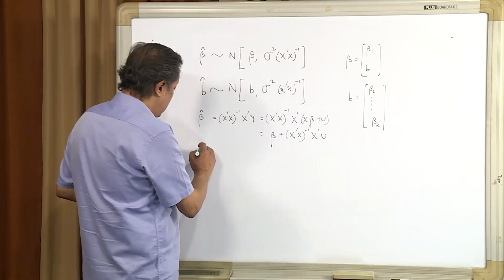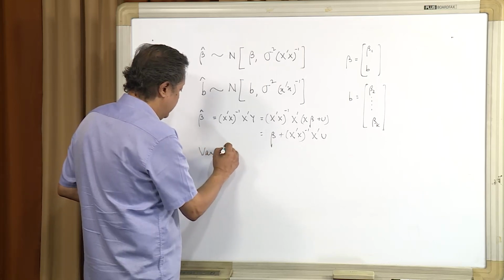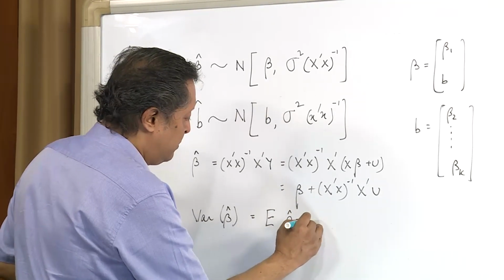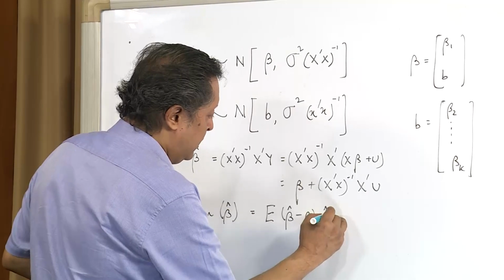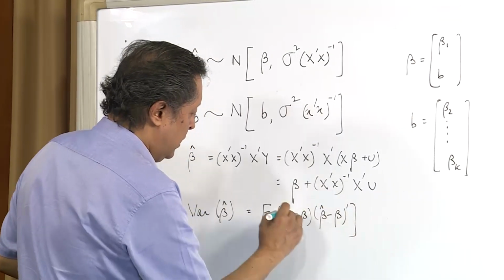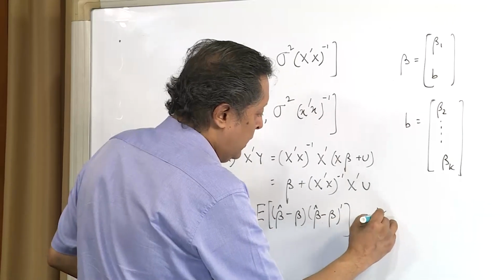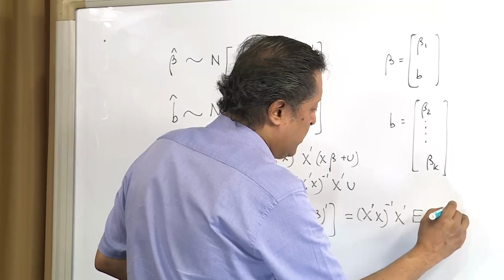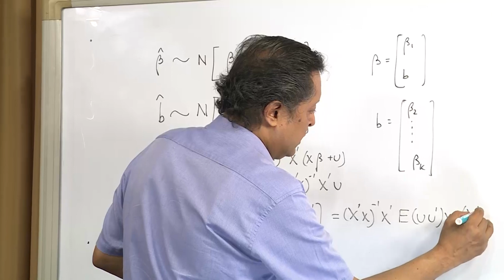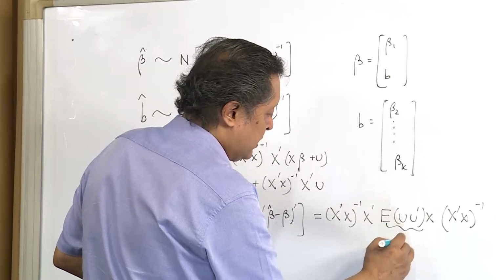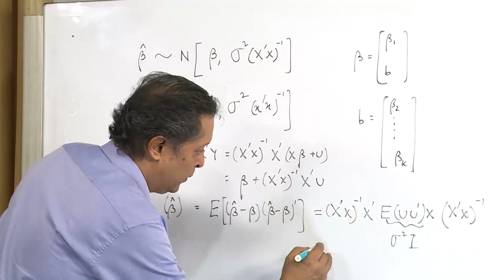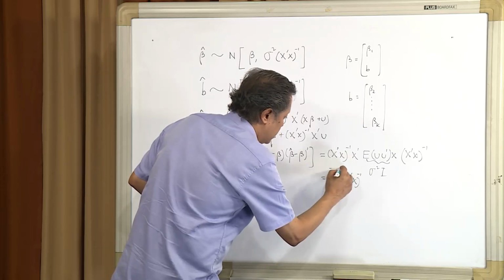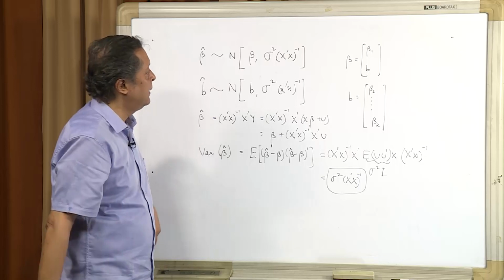So, variance of beta hat is given as expectation of beta hat minus beta multiplied by its transpose, which is equal to X prime X inverse X prime expectation u u prime X X prime X inverse, and this is sigma square I. So, we get variance as sigma square X prime X inverse. That is the variance of beta hat.